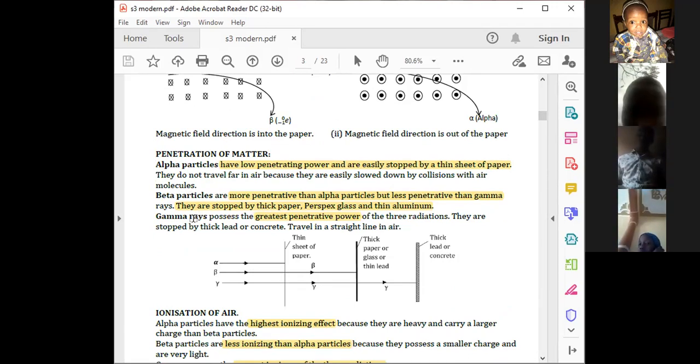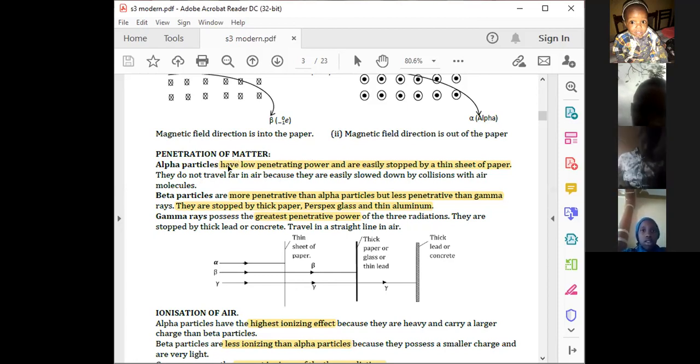So now we are saying an alpha particle has the lowest penetrating power. You see where I've highlighted with a marker. So in your notebooks, this is what you are meant to note. As you revise, what do you need to know clearly?